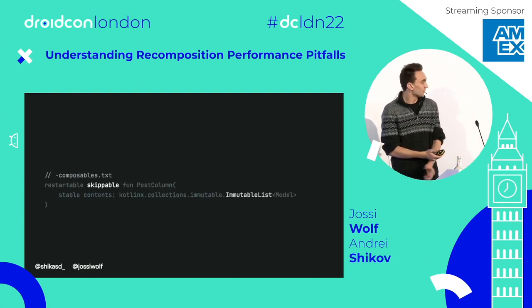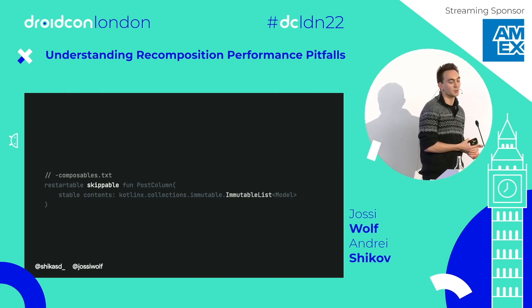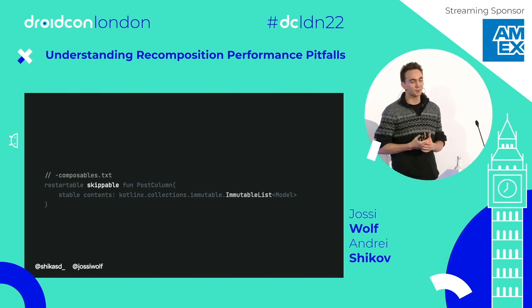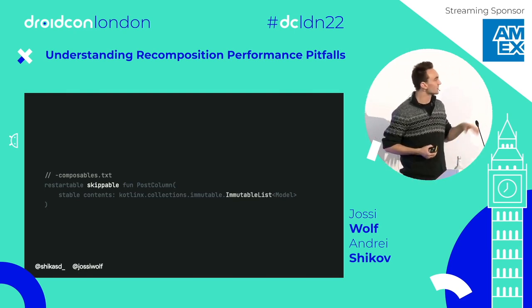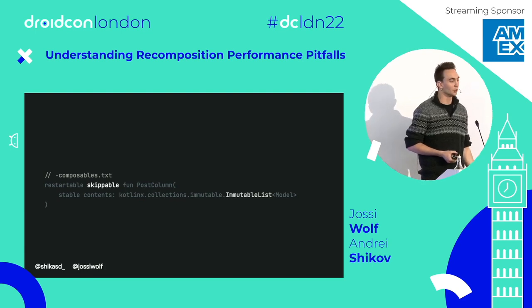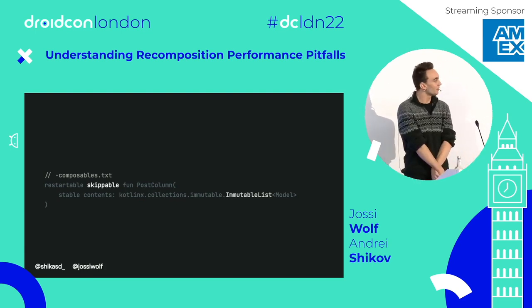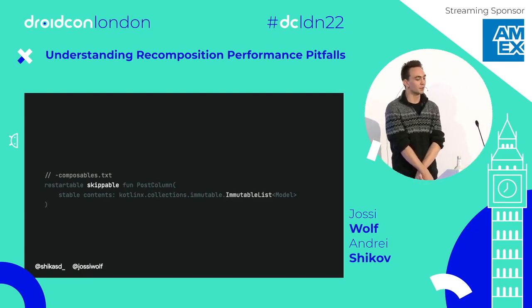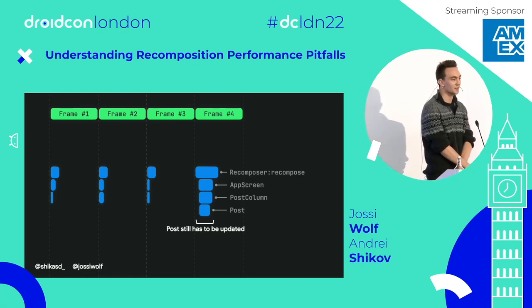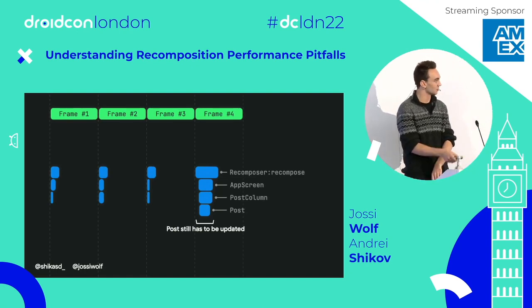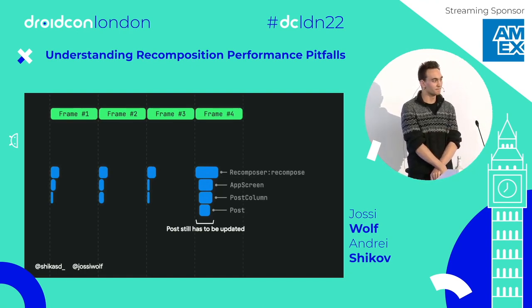So technically, you could go and include kotlinx.collections. You could use immutable lists and be very explicit about this in all of your definitions, and we'd see that, yes, it actually becomes skippable. Awesome. But if we do that and we go and look at a trace, do you see the difference to the slide just a couple of slides ago? No?